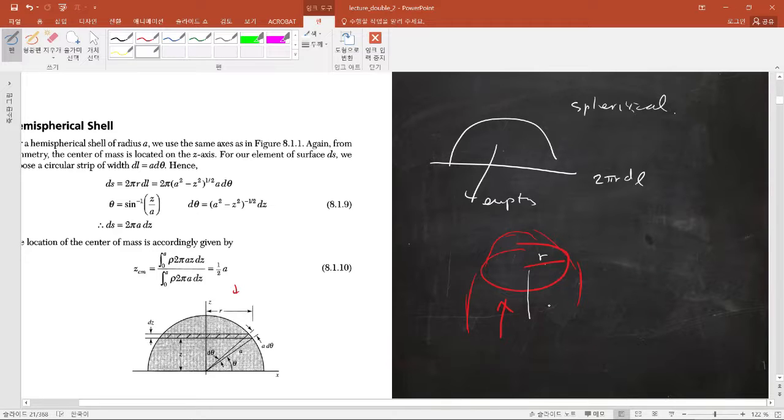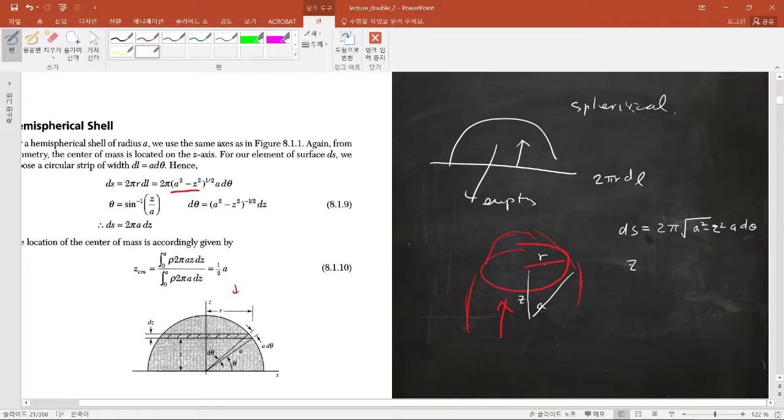This is a, this is z, so it is the square root of a squared minus z squared, times a d theta. Now the theta integration can be changed, since we are piling up along the z direction. So you have ds equal to 2 pi times the square root of a squared minus z squared times a d theta, and let's change it to z because we are piling up along the z direction.